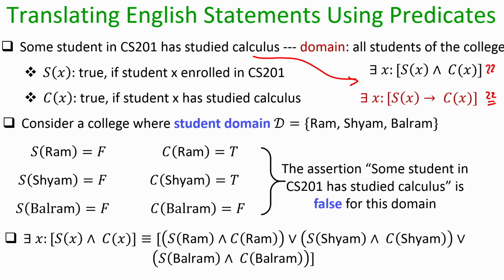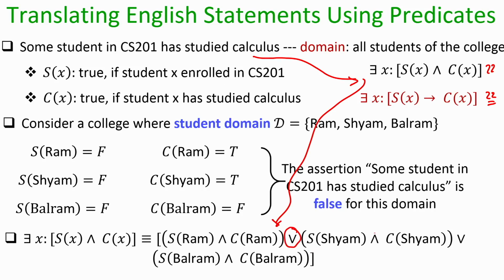So, if I consider expression number 1, the expression number 1 is an existentially quantified statement which has a conjunction involved. Now, if I expand x and give it values Ram, Shyam and Balram, I get that this expression is logically equivalent to a disjunction of 3 statements. Why disjunction?